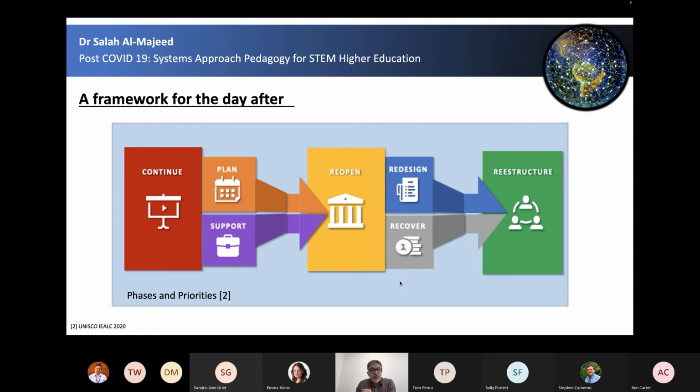But before we finish, I found UNESCO has come up with a lovely framework for the day after the pandemic. It is to continue what we're doing. Of course, we're doing it great, but also we need to plan, support and reopen, always thinking about redesigning what we deliver and how we deliver, recovering a lot of activities in a way that can provide a better graduate outcome, which is the ultimate goal of any university.